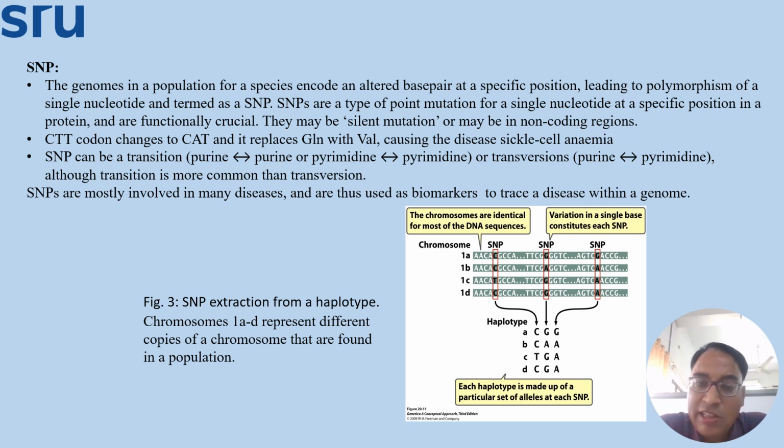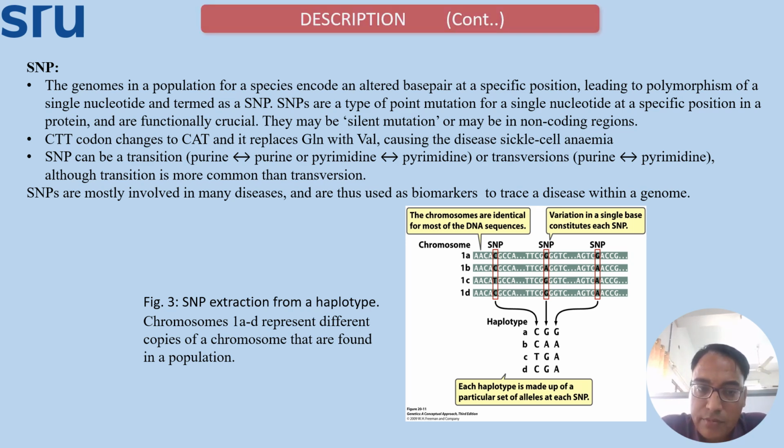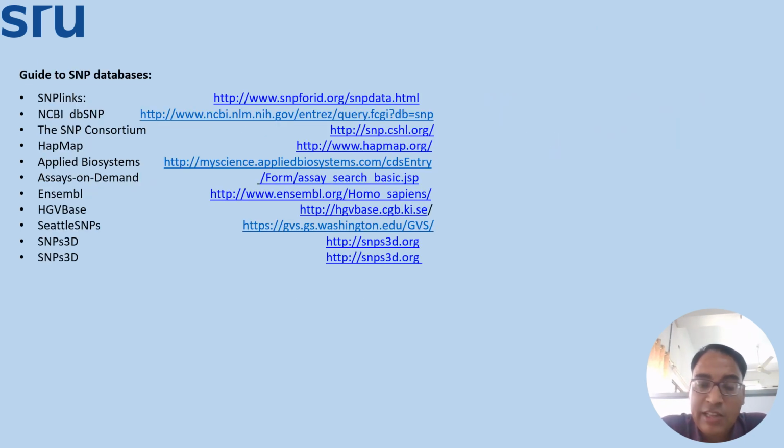And these are involved in many diseases, even cancer. So many people do research on where exactly the change has happened, why it has happened, and how to reverse it. And these are some of the databases. All the persons who are interested can see these links. They give the details of various SNPs which are already known.